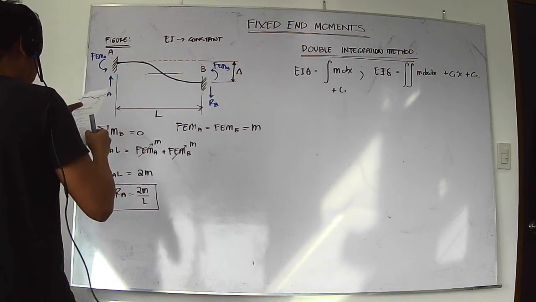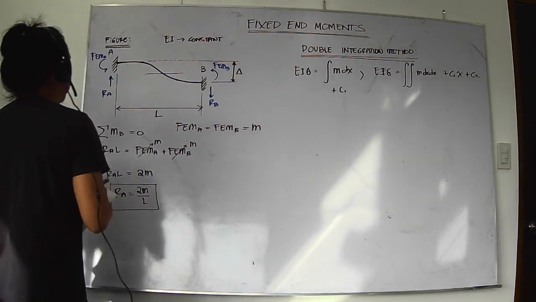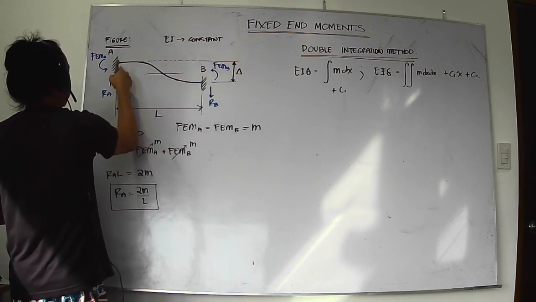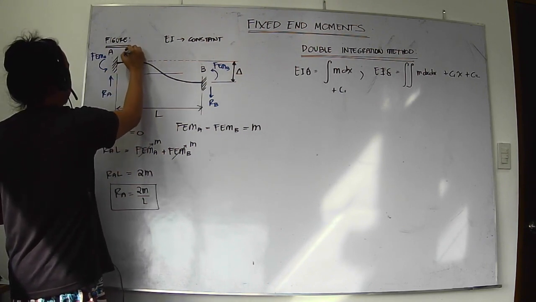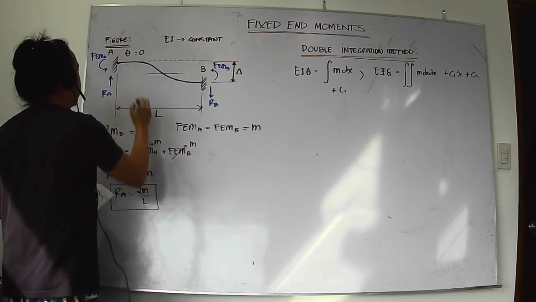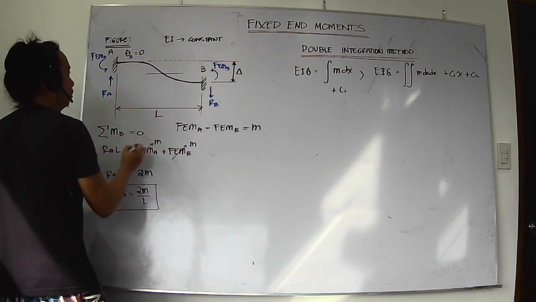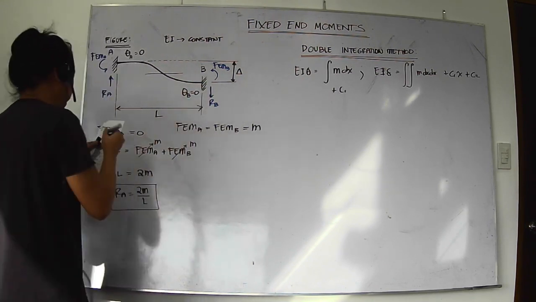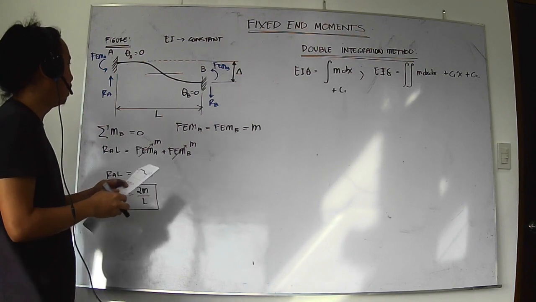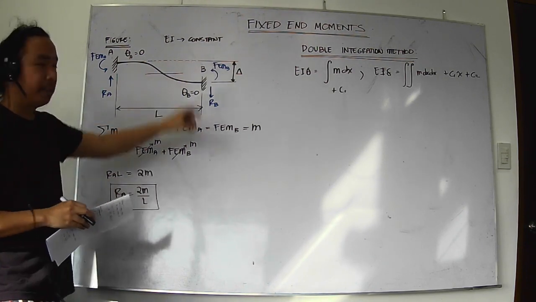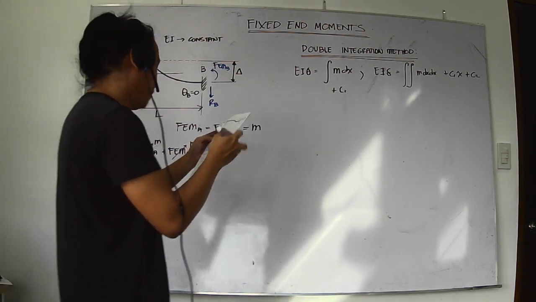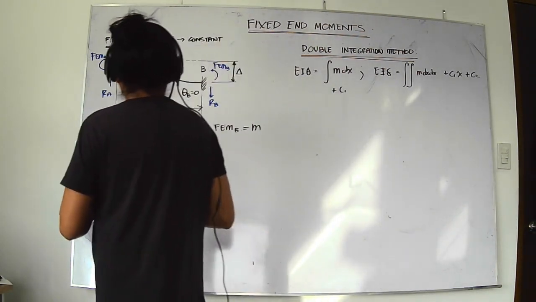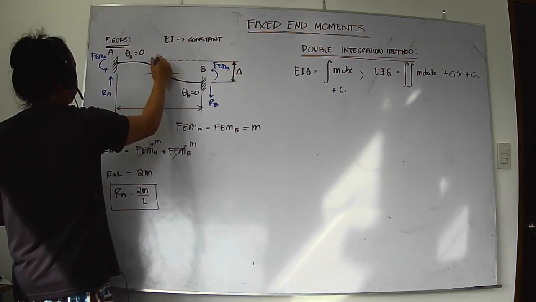Now we have to keep in mind our boundary conditions. This is a fixed end, so no slope is allowed there. Likewise at the other end, zero slope and zero deflection. In this case, I would like to cut a section.